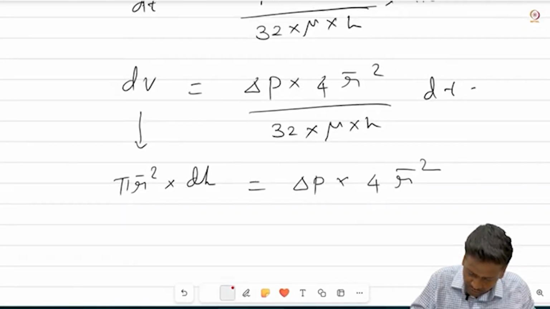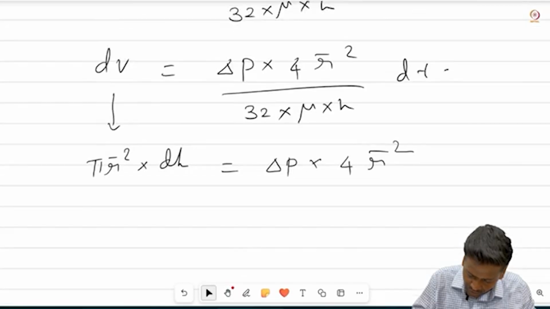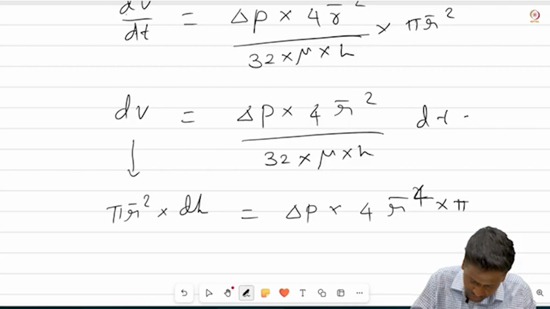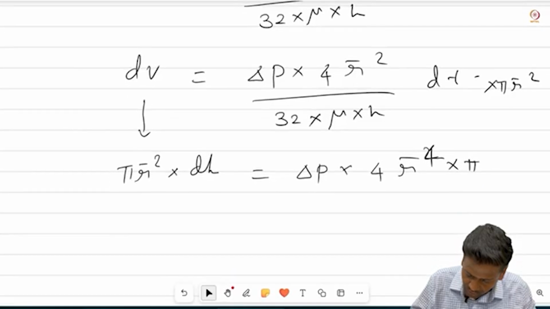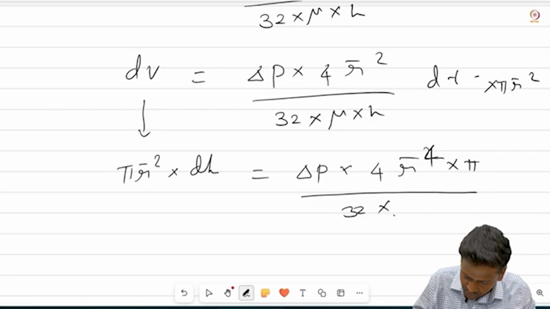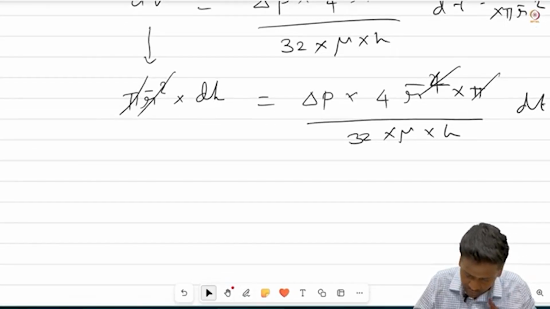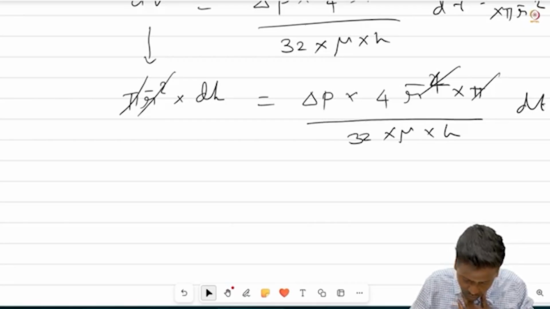So you will simply have, this will be 4 R power 4 and into pi, and here also you have pi r square, right? So you will have 4 R power 4 into pi divided by 32 into mu into h, and then dt you have. So you can cancel pi r square. This you can easily cancel out, so you will have r square over there.